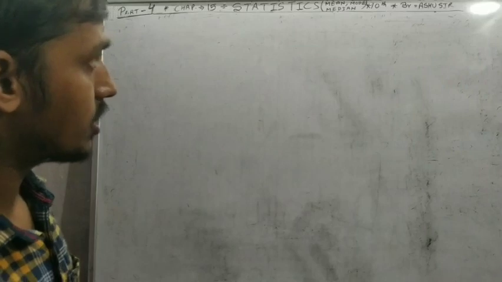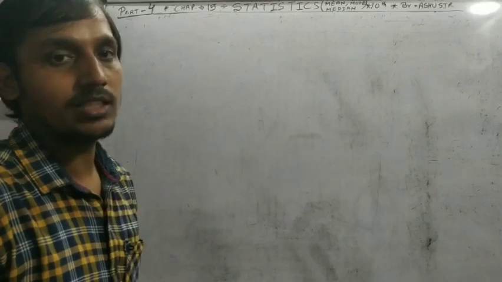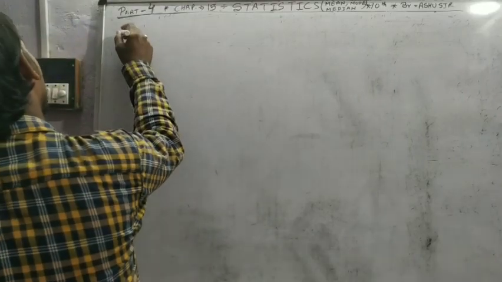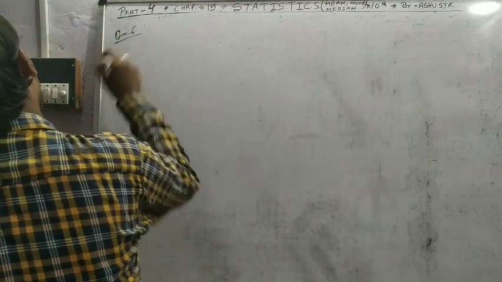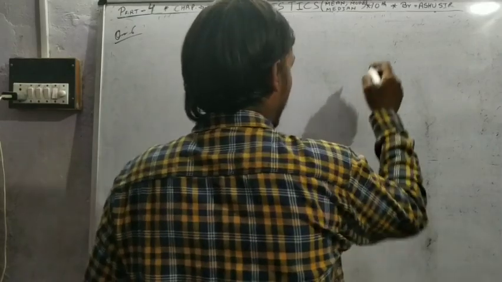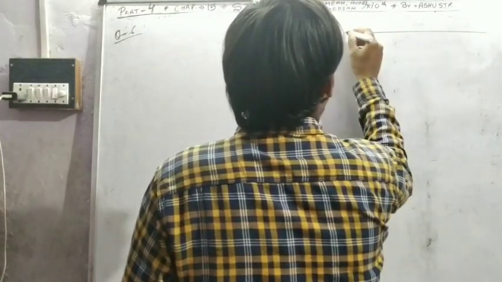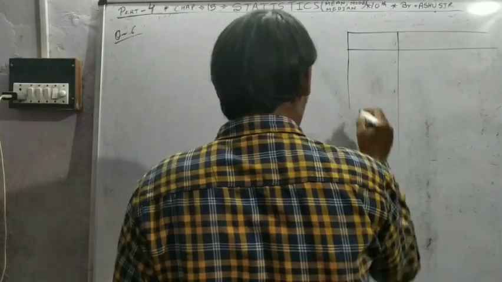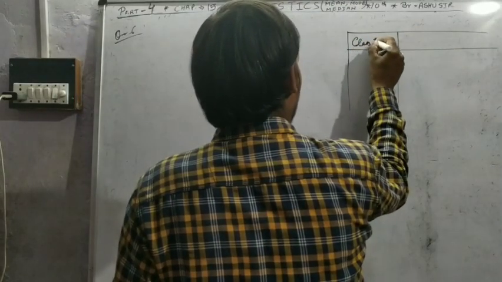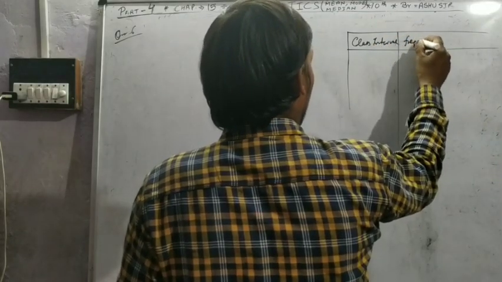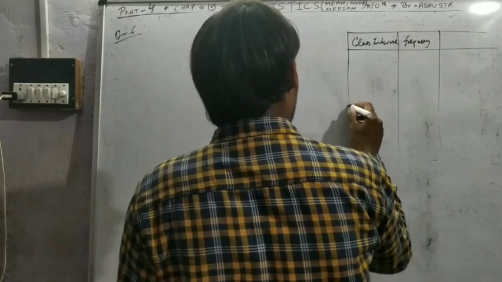In the previous video we explained the mean by the direct method. Take one more question. Question number 6: find the mean by the direct method, but it's a missing frequency question. Data is given, class interval and frequency.